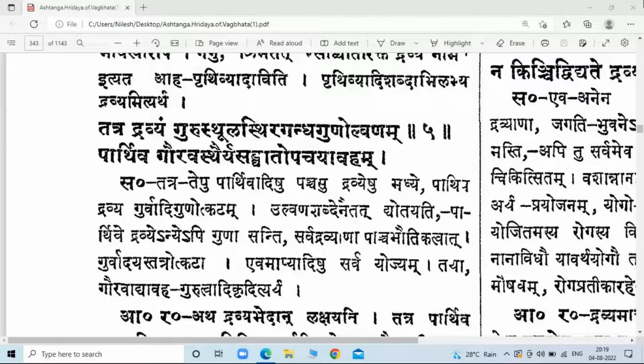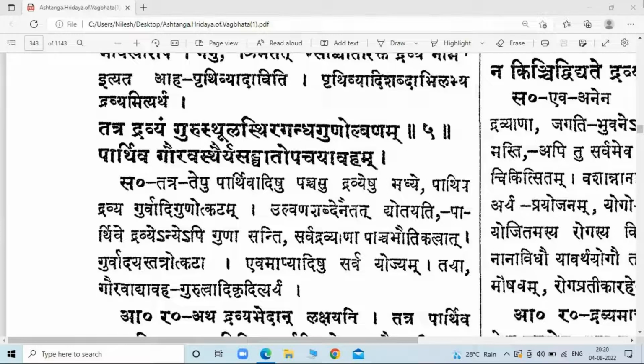Everybody knows, so I'm not going into the details of that. But when you look at that statement, you will find that this explanation of these 6 padarthas is not original to Ayurveda.